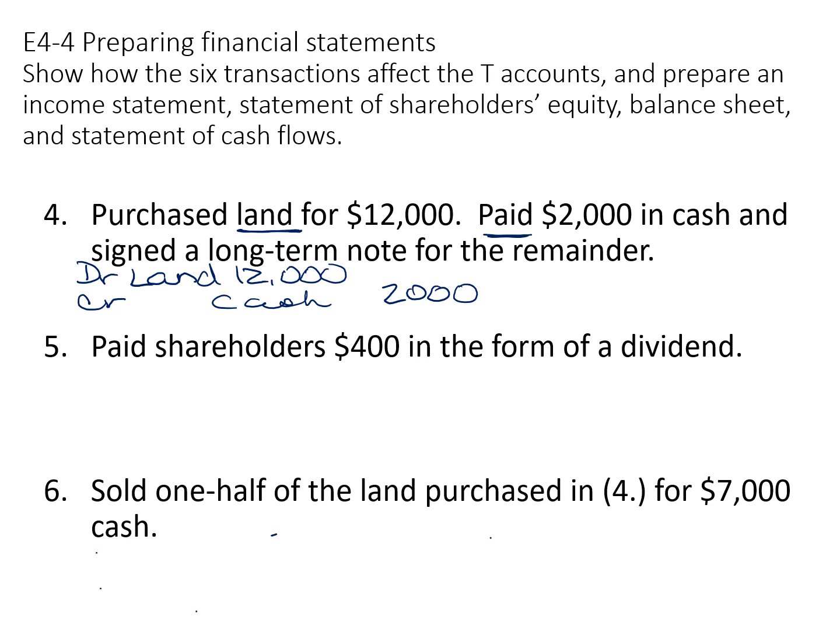So we're going to credit a note, but do you know which kind? Is it note receivable or note payable? And you're right, it's note payable because it's a liability, and that liability is for $10,000 because we promise that we're going to pay $10,000 back in the future because we bought the land.